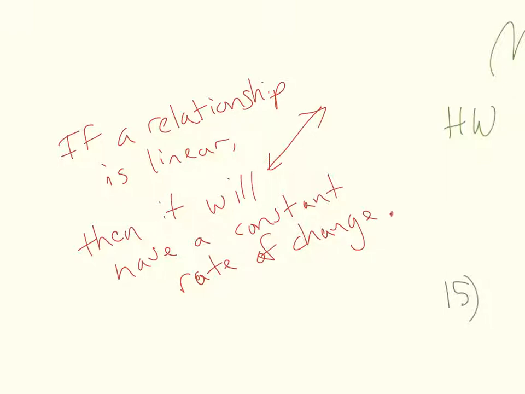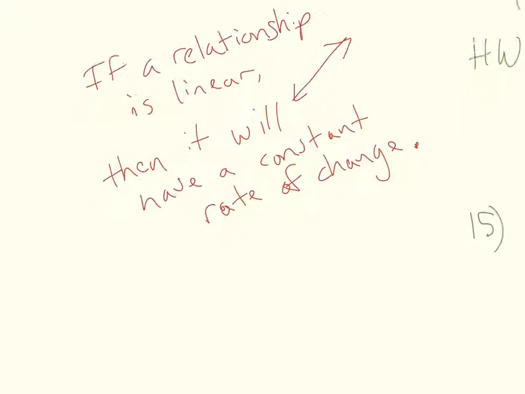So if we find that two quantities are changing at the same rate, then that relationship is linear, and you can also go the other way around. If a relationship is linear, then it will also have a constant rate of change.